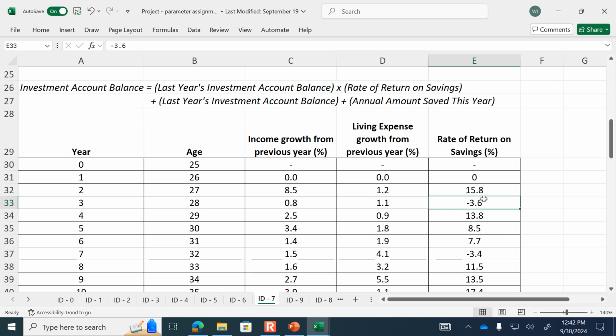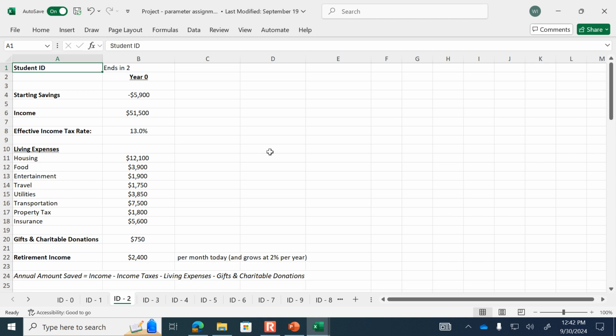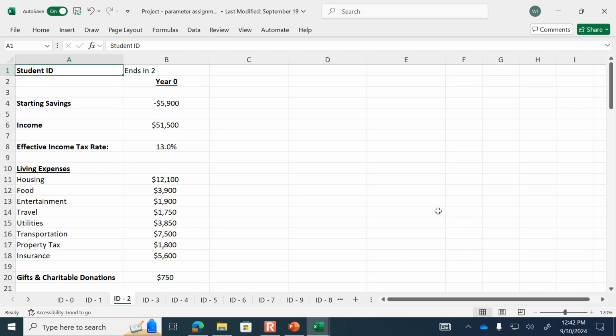And then I give you assumptions on what to use as the rate of return on savings. So everybody has a different ID number, but you take the last digit and then there's these series of assumptions. And in the project I ask you to analyze a couple of different cases. And the project has as its idea, there's a philosophy that people should die with no assets.